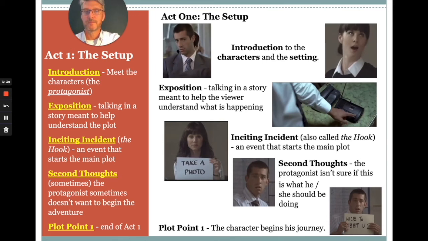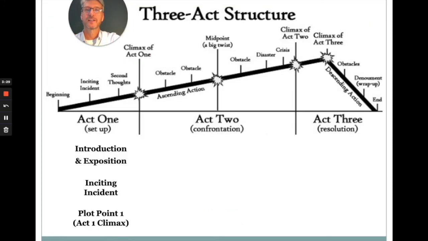And there you have it. That's Act 1, the setup. We know what's going on. Let's go ahead and take a look at where that fits on the chart. So, Act 1, we do have beginning, we meet the boy. Then we have exposition, where we get to learn that he's alone in the city, far away from his family, and he's looking for love.